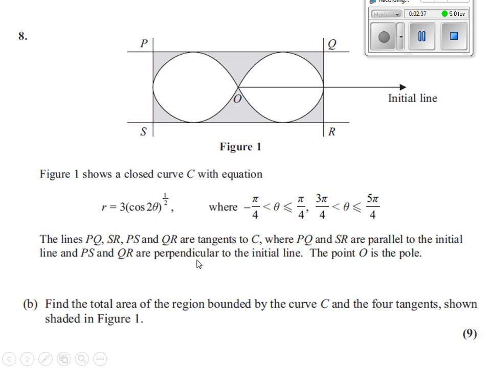Well, we actually don't need to worry too much about that because we've already worked out the distance SR just by substituting theta equals 0 and then doubling it. So SR is equal to 6. But PQ and SR are parallel to the initial line. How could we use that fact?